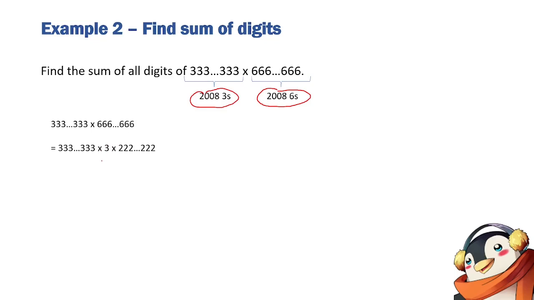Why do I split 3 out? Because what I will get is 3 multiplied by this. If I have 3 here multiplied by this number here, I'll get all 9s. How many 9s? I'll get 2008 9s, right?